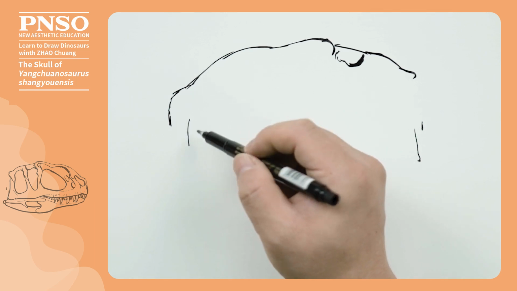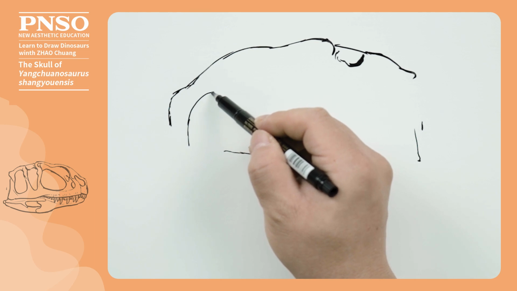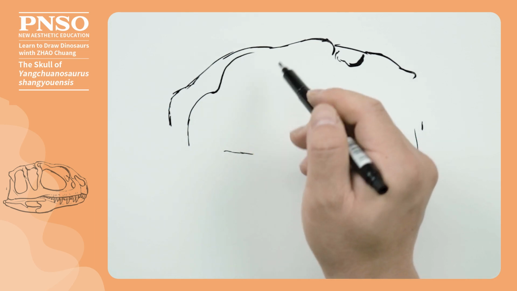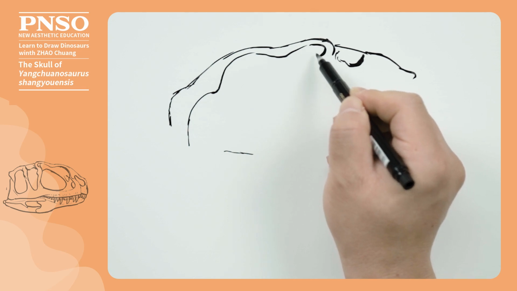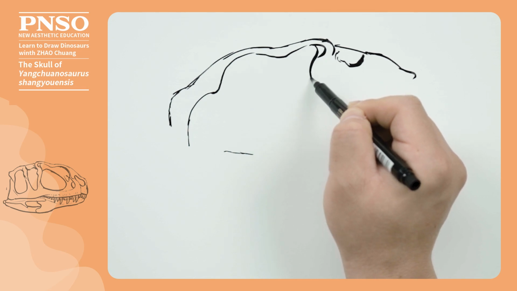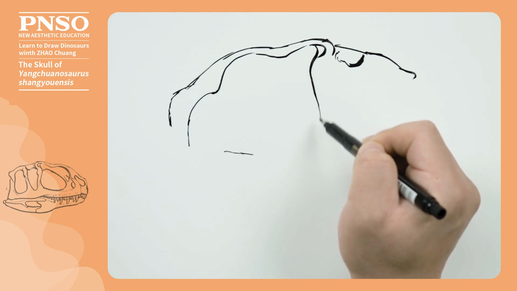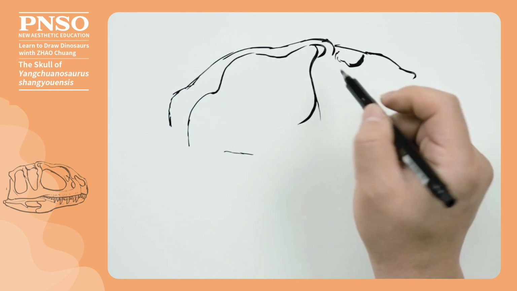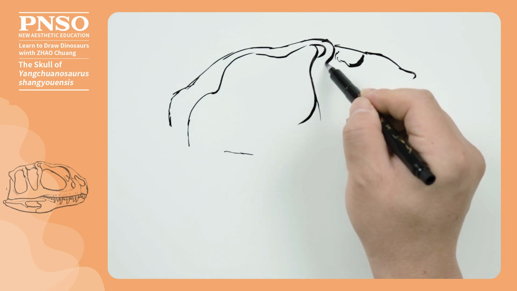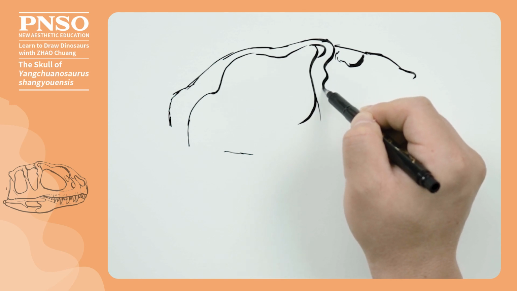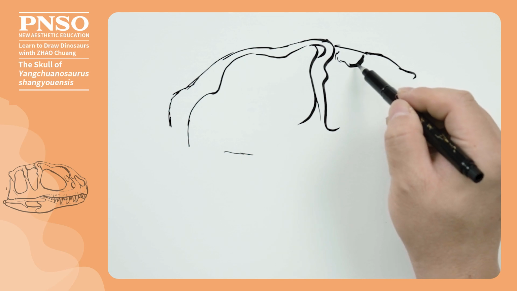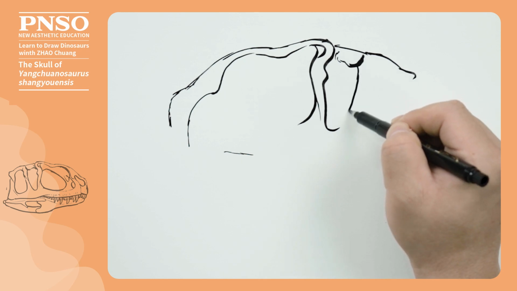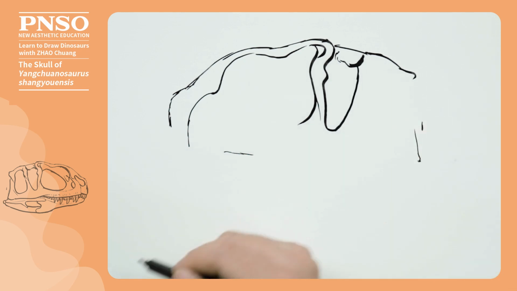Now, let's draw some delicate structures of its skull. First, draw the part above the nasal bone that turns outwards. What's downward was its lacrimal bone, which also formed the front of its eye socket. Then, we draw its postorbital bone and finish its eye socket.